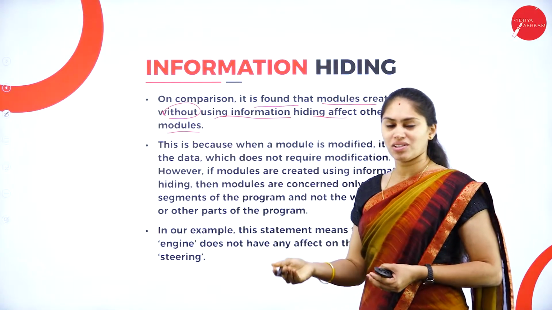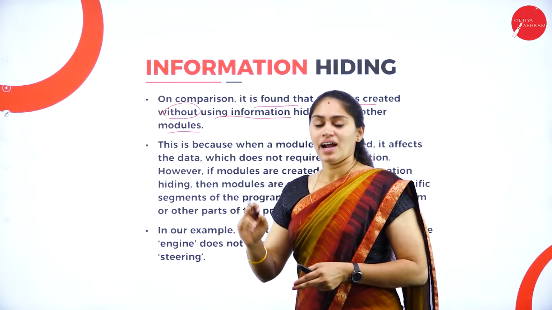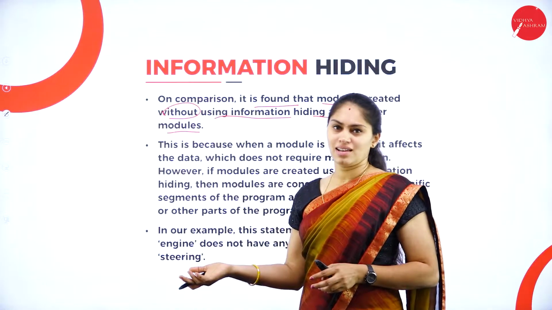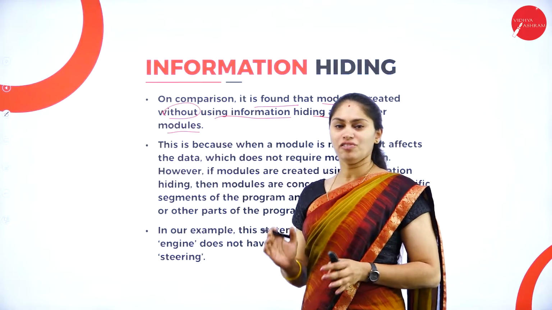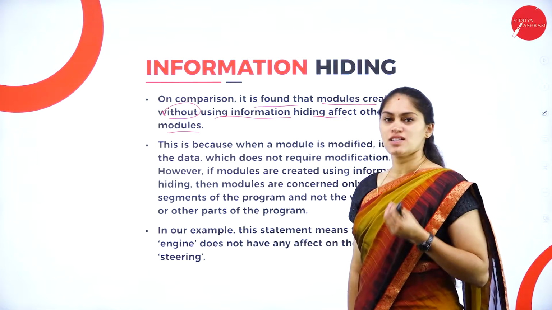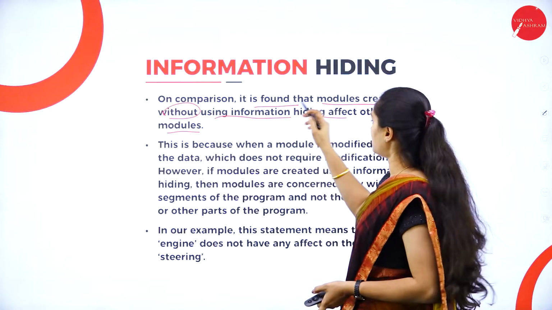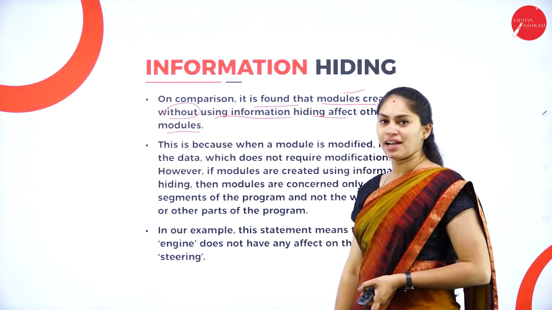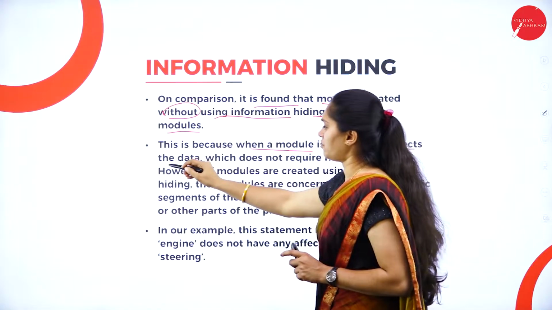Modules created without using information hiding affect other modules. If I make some changes to the front part, it will affect the middle part of the car. And if you make some changes to the last component, the final part, that may affect the content of the middle part. So there must be information hiding. How does one module get affected by another when we don't have information hiding? When a module is modified, it may affect the data.